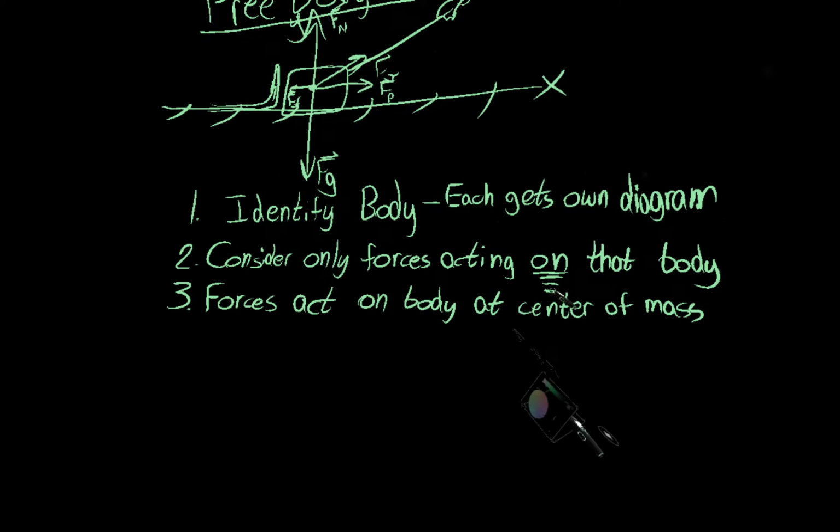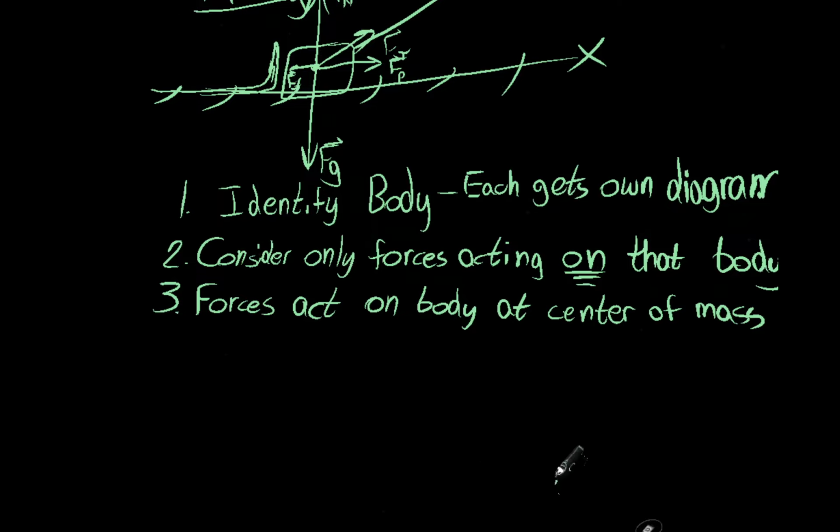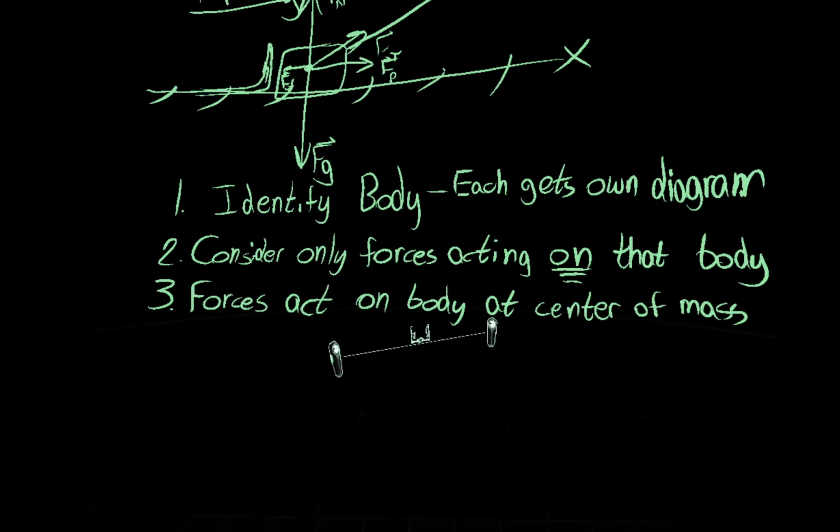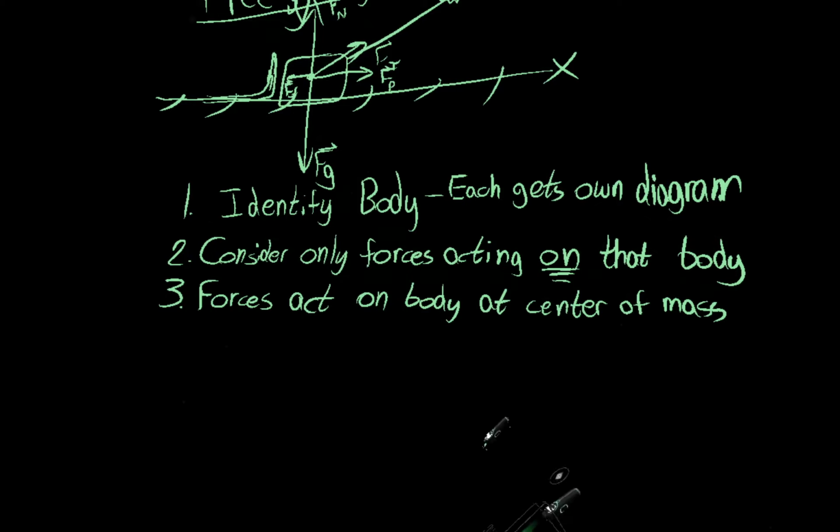It's just the point on a body where if all of its mass were centered at that point and the forces act at that point, it would be the same, right? So treat the object as a point particle, in other words, as if all the mass existed at that one point.